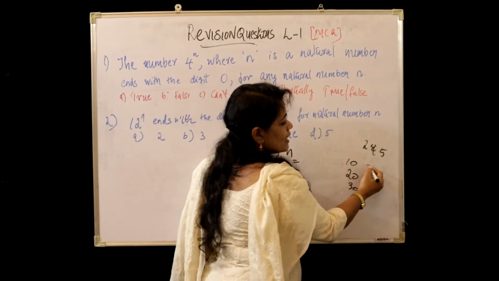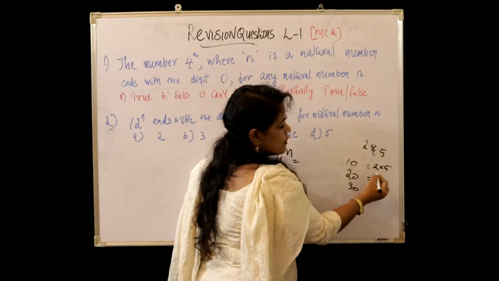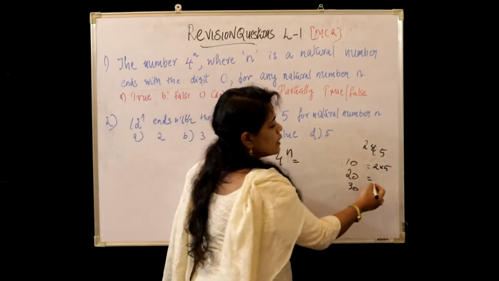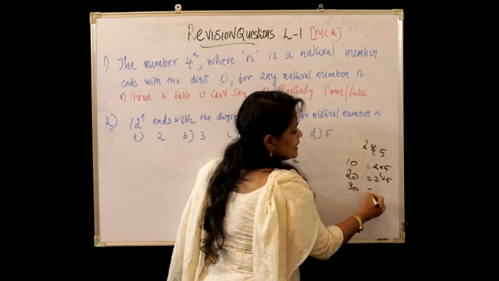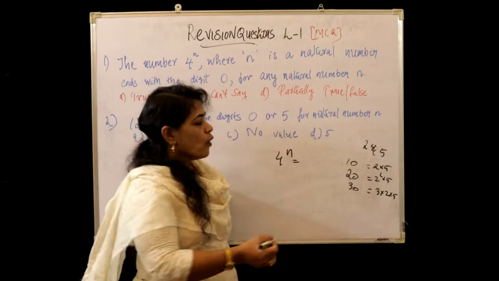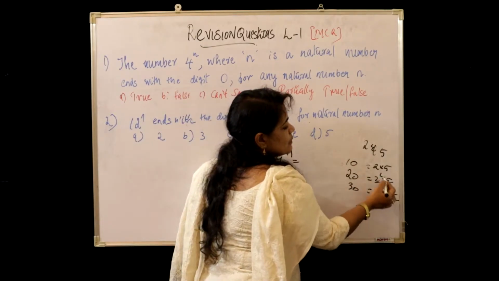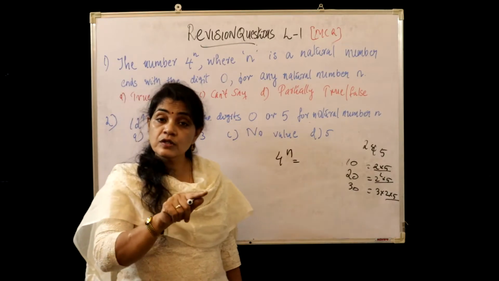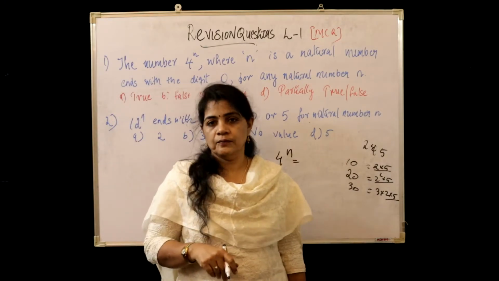See children, 10 can be written as 2 into 5. 2 and 5 are the primes. 20, that is 4 into 5, that is 2 square into 5. 30 is 3 into 10, that is 2 into 5, right? In all these numbers you can see both the prime factors 2 and 5, then only those numbers end with the digit 0.